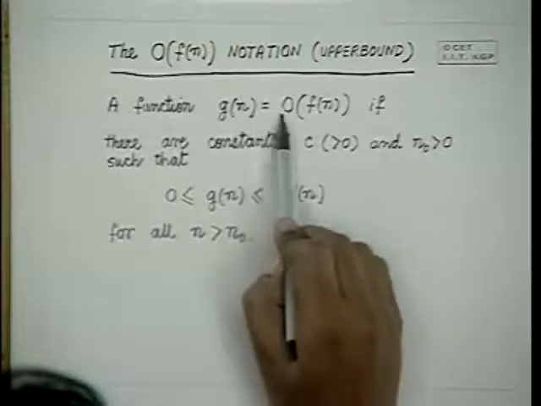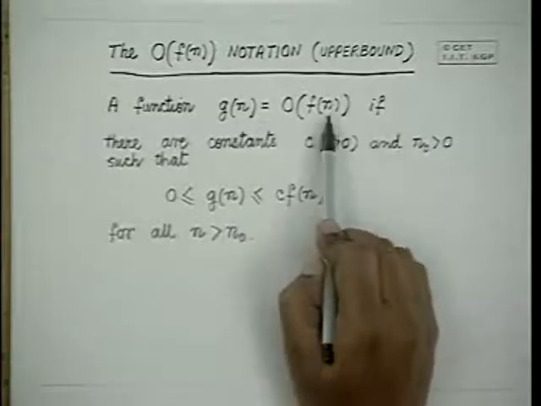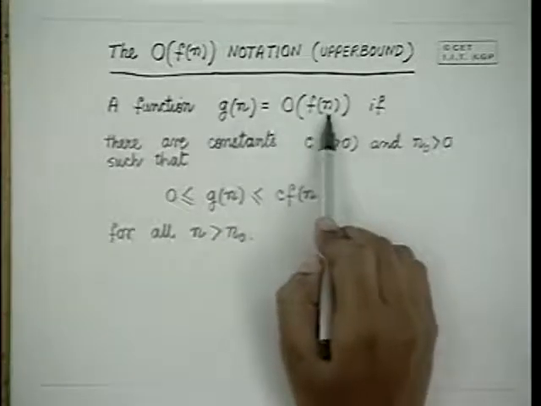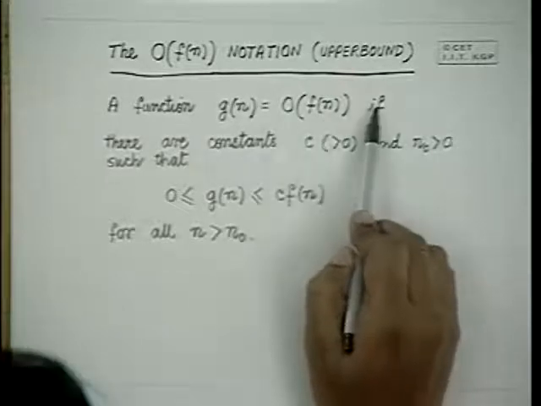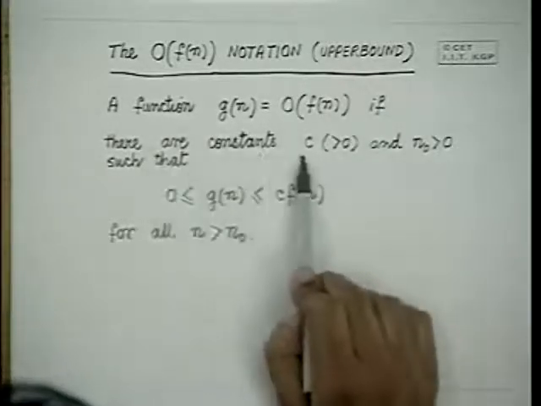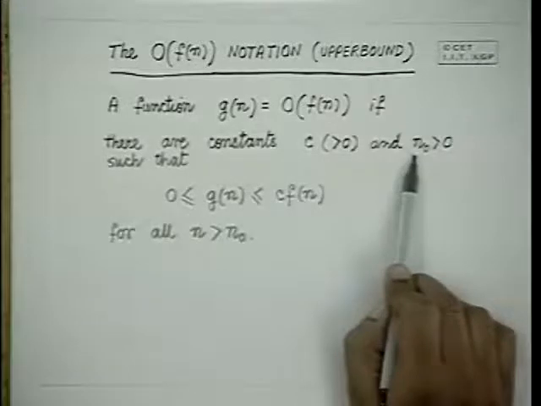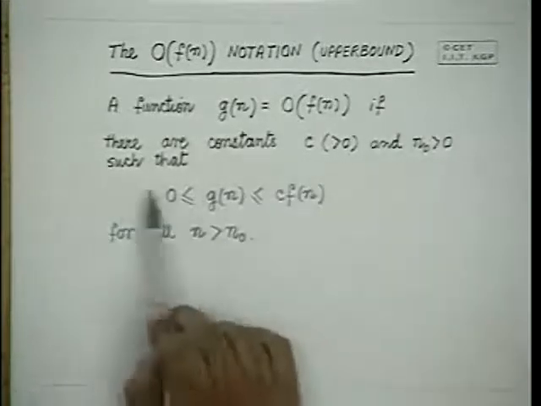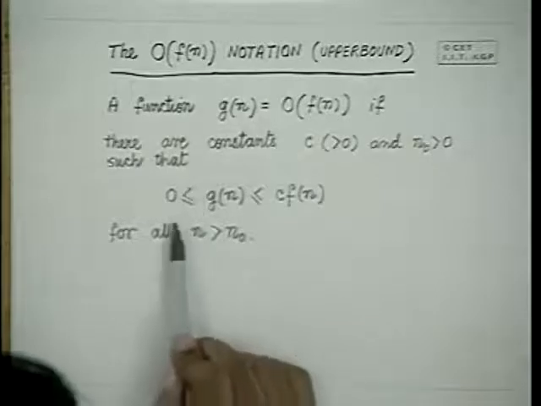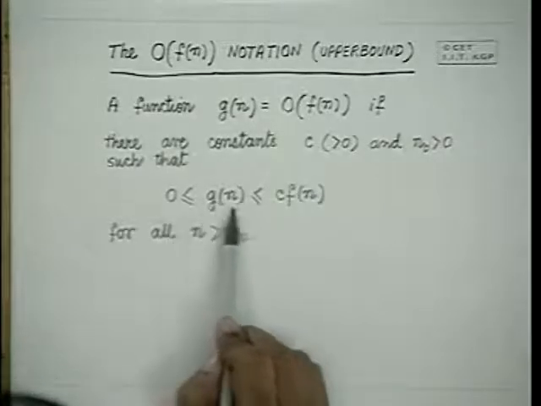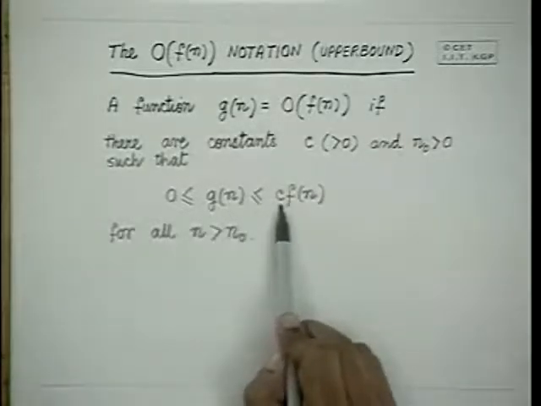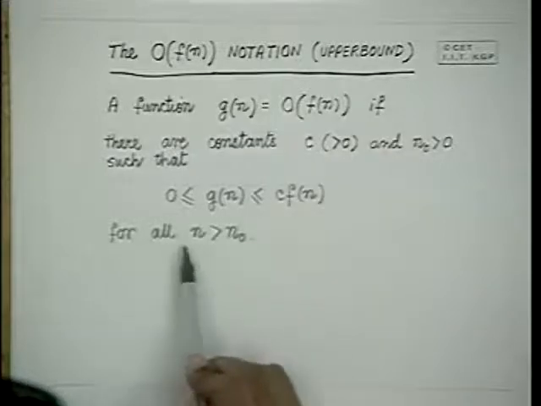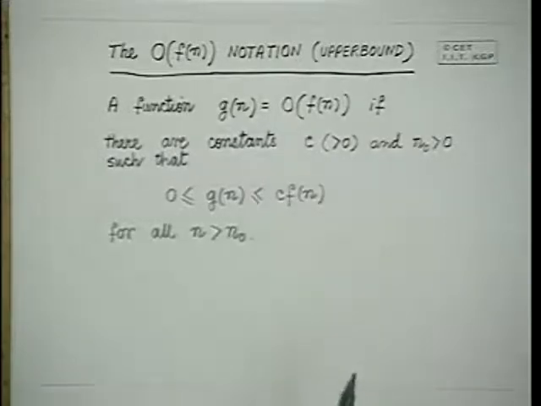When G(n) is equal to O of F(n), that is, G(n) is upper bounded by F(n), if there are two constants C and N0, both of them positive, such that 0 is less than or equal to G(n) is less than or equal to C into F(n) for all n greater than N0.